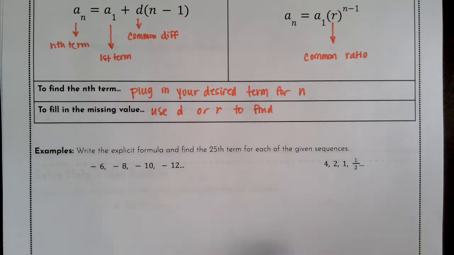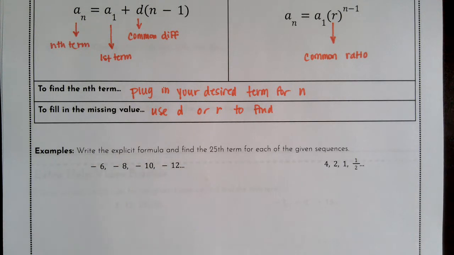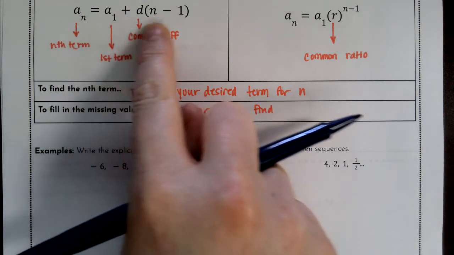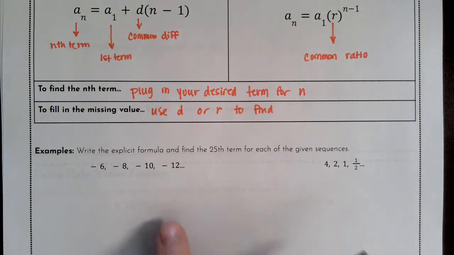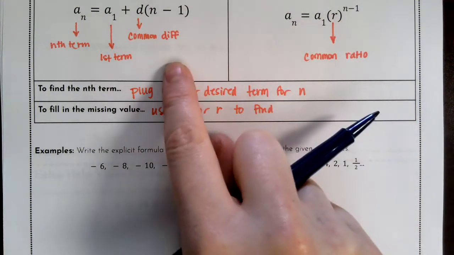In these examples, we are going to write the explicit formula and find the 25th term for the sequences. Writing the explicit formula means we want to fill in everything we know here and simplify. My first step is to figure out if we have an arithmetic or geometric sequence. I need to know if I have d or r, and which of these formulas I should use.